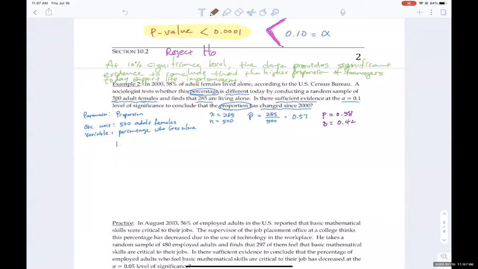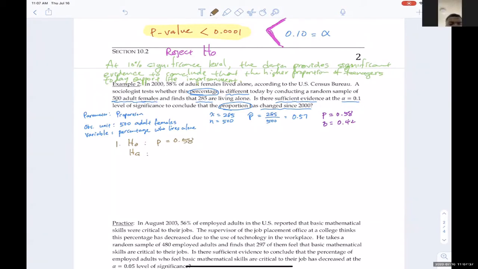Number 1, identify your null and alternate hypothesis. What is your null hypothesis, for MVP point? P equals 0.58. Very good, 0.58. And your alternate hypothesis?